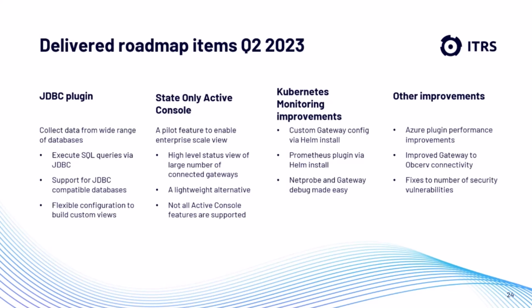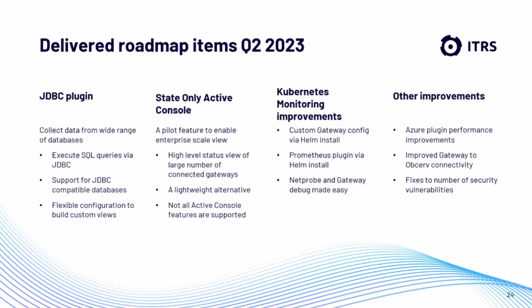Currently we test with the databases that we already support for the SQL Toolkit plugin, like MySQL, MariaDB, MS SQL Server, Postgres, Oracle, and Sybase. But really, with the JDBC plugin, you can connect to any database that supports the JDBC client connection. So this really opens up a wide range of databases that you can query to bring data into Geneos.